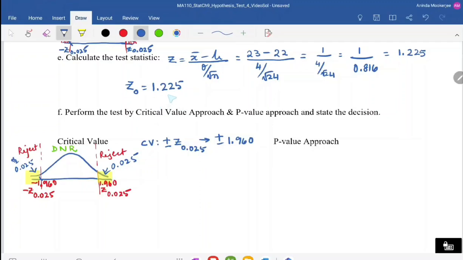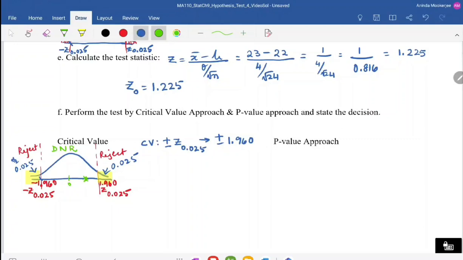So 1.225 is a value between negative 1.960 and positive 1.960, correct? So it would fall somewhere here maybe, which is in the do not reject region.